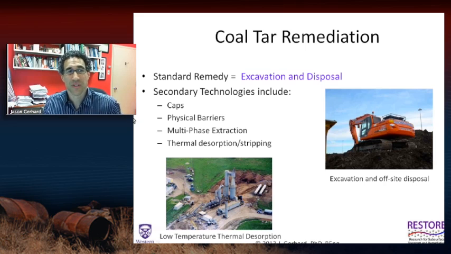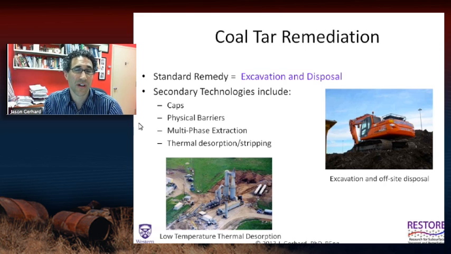In some cases with a lot of mobile liquid, we might be able to use some multi-phase extraction, basically pumping out pure phase coal tar or NAPL. But of course that leaves a lot behind, even when it is successful. It can get a lot of mass in a short amount of time, but it's not a complete solution. And the other option is some kind of thermal technique.